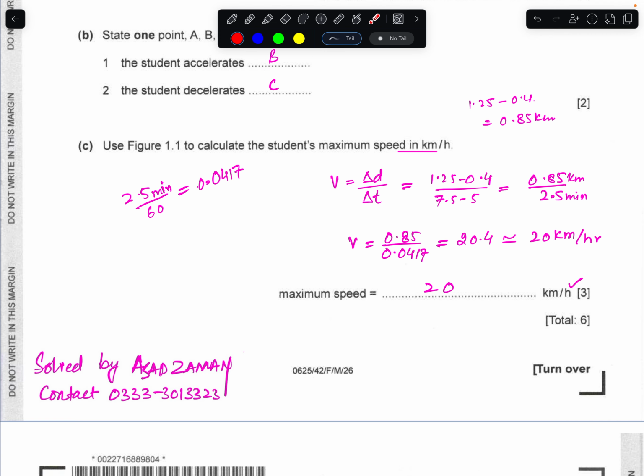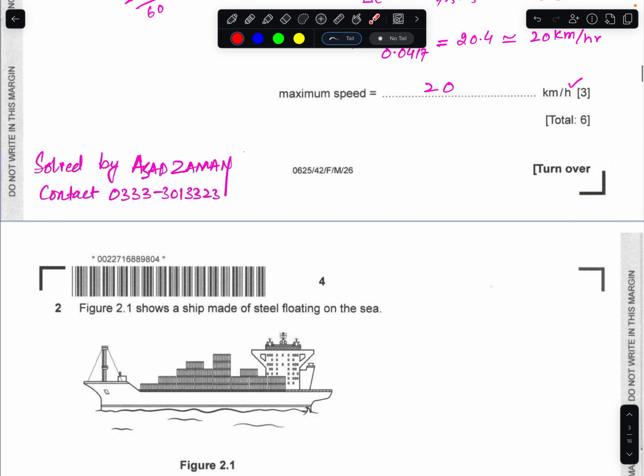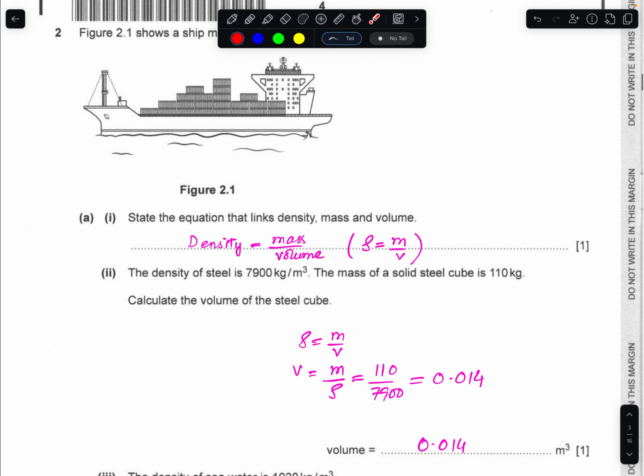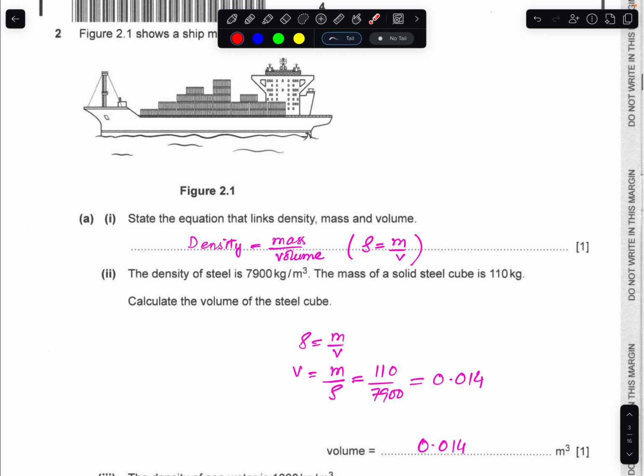The raw values are the values given in the question data. So whatever number of significant figures is used in the question data, you must write your answer to that many significant figures. The unit used over here is kilometer per hour, so that's why we have not converted kilometers to meters or hours to seconds.